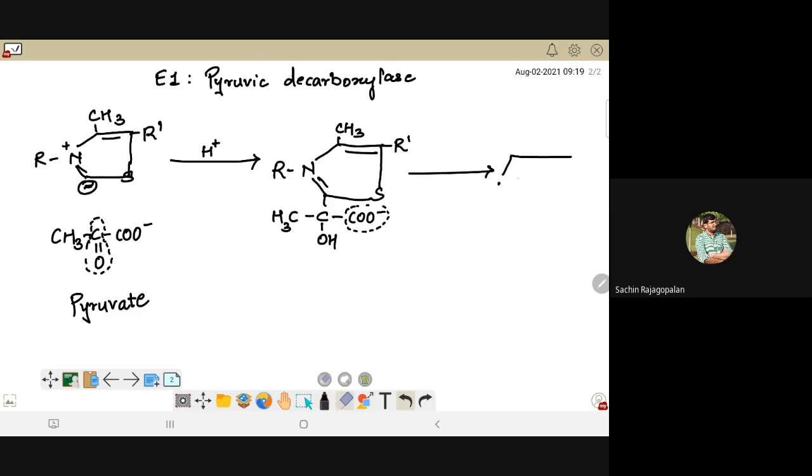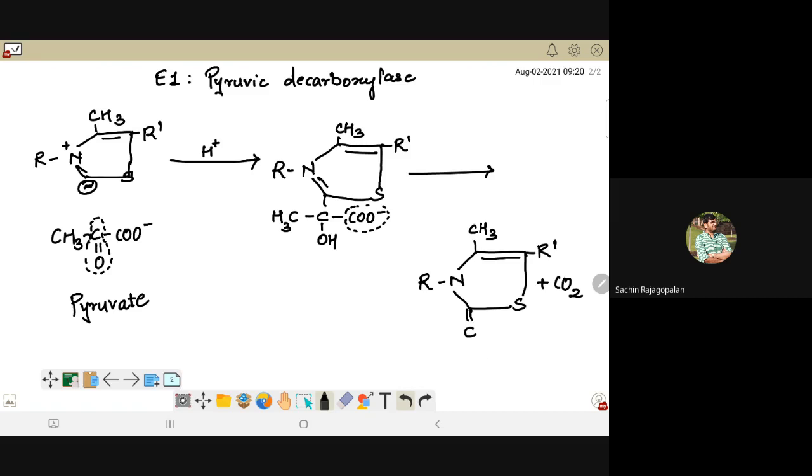I better draw it below. So what's going to happen is, as I remove the carbon dioxide from this point and release it, the double bond which was there between nitrogen and the carbon atom will now be shifted here because of removal of the carboxyl group, and the structure will appear something like this.